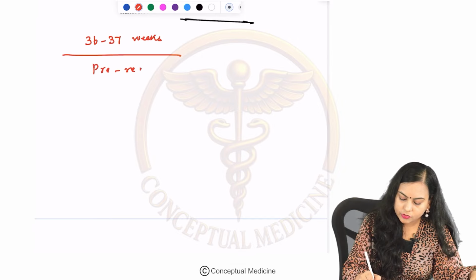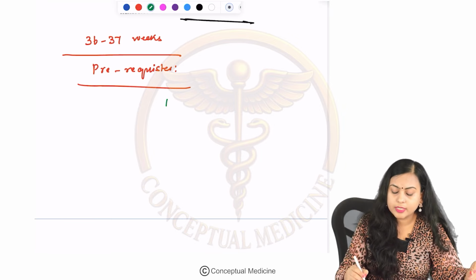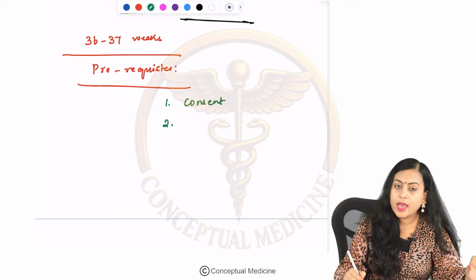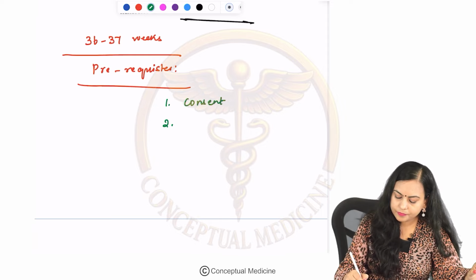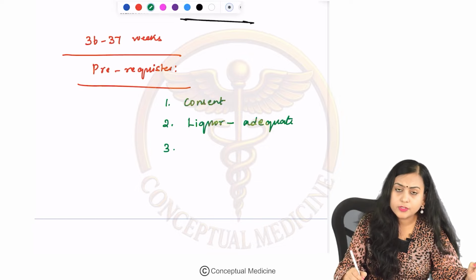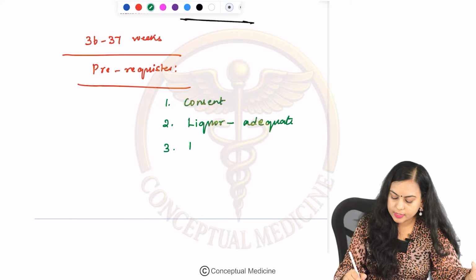The prerequisites are: first, you have to get consent from the mother, then you have to check the liquor volume, that should be adequate. You should know the placental position, it should not be a placenta previa or any other abnormality in the placenta, so the placenta should be normal.